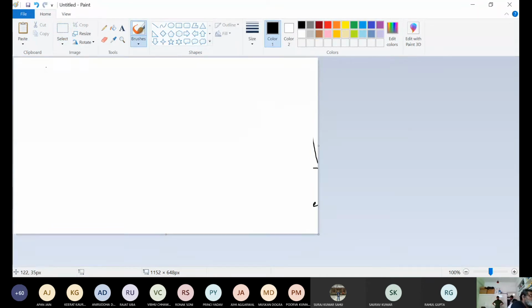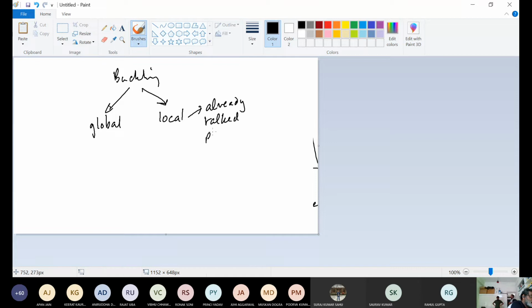You're looking at buckling, and there are two forms which can happen: one is global and one is local. Are we good with this till now? Local is something that we have already talked about, and this is nothing but P has to be less than pi squared E divided by (L by r) squared.